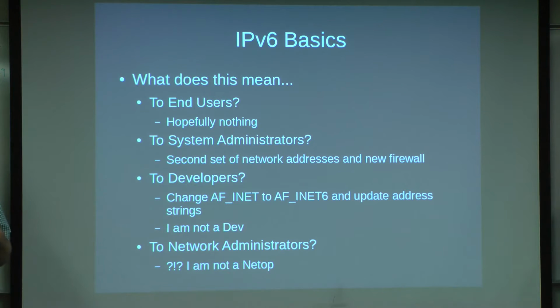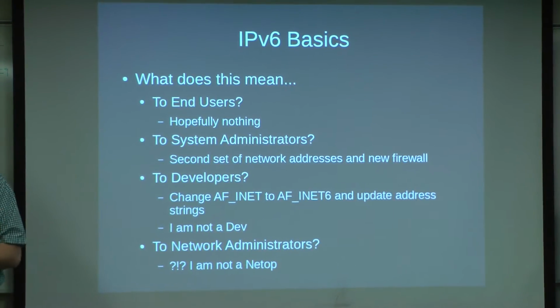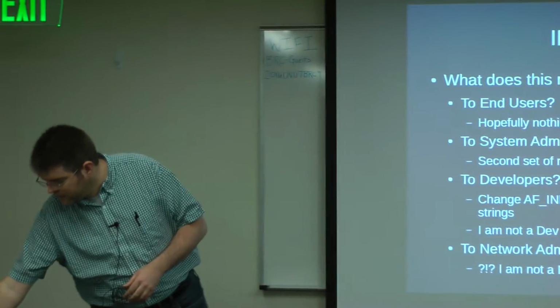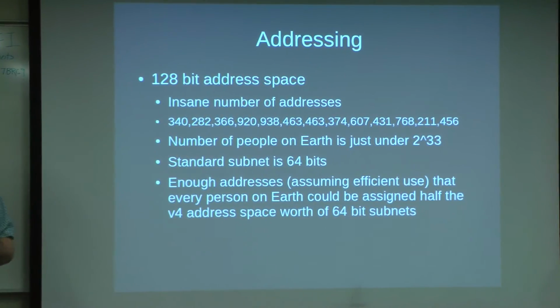In cases where you're running networks in multiple areas or just have multiple networks even within an office, having the larger address space and being able to just say, I'm going to allocate a large chunk to this network and then split it off from that, can reduce the amount of routing that happens, or the entries in your route tables, etc. But that one gets much more complex, though once you start doing it, it's not that far off from what the v4 space was. So let's start talking about some of the technical aspects of IPv6.